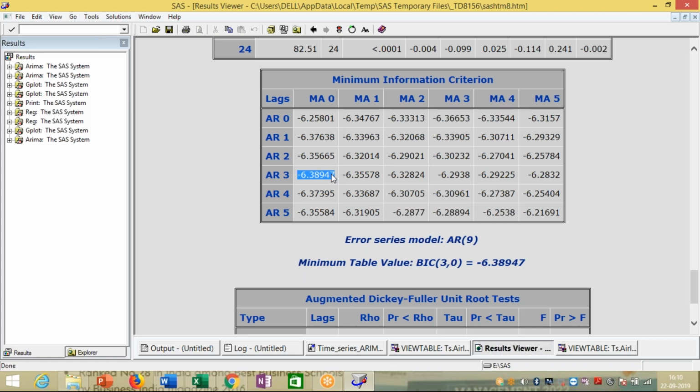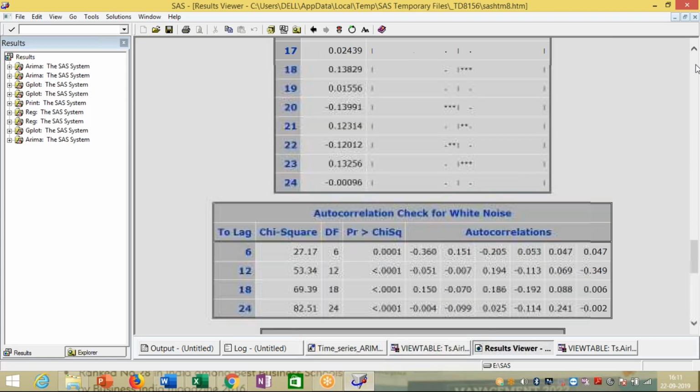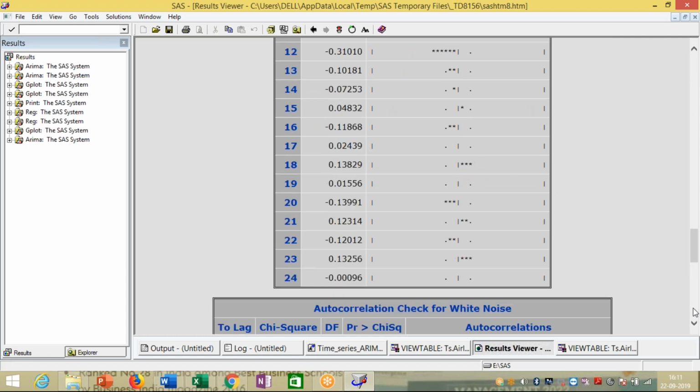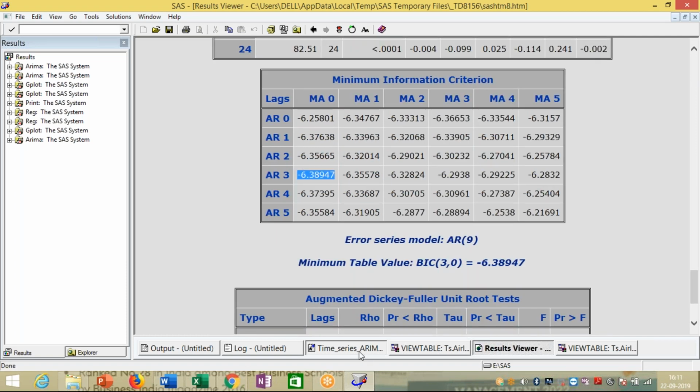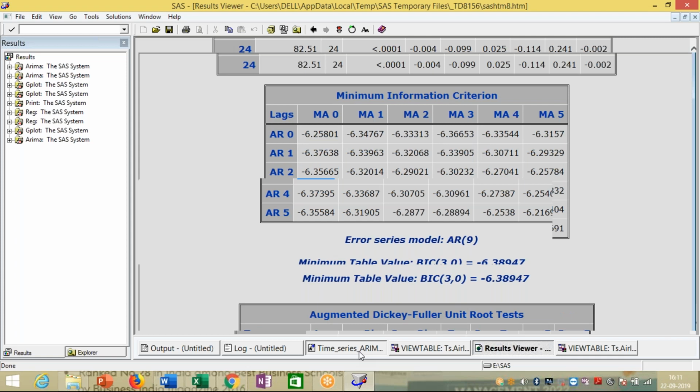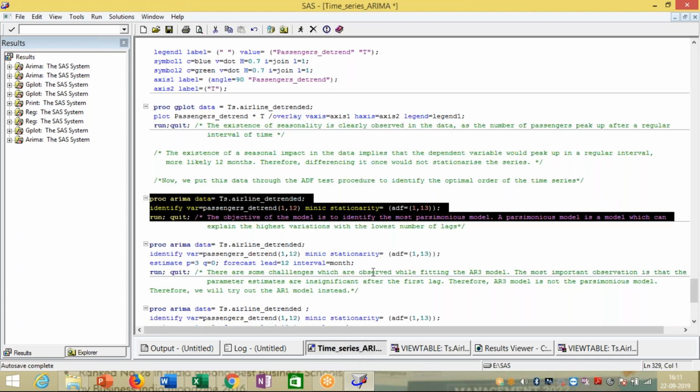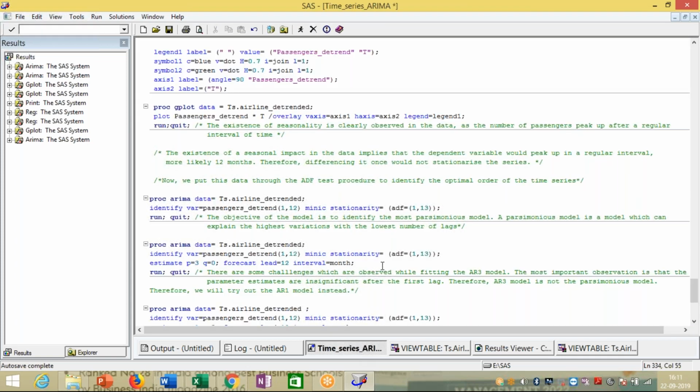But this series is not stationary at all, right? So this series needs to be stationarized. By looking into the ACF plots, we can clearly see that this series is not really a stationary series, and the AR3 is therefore not a feasible option for us to develop, right?